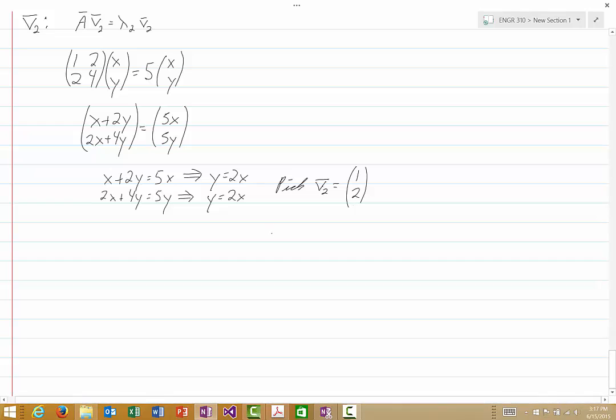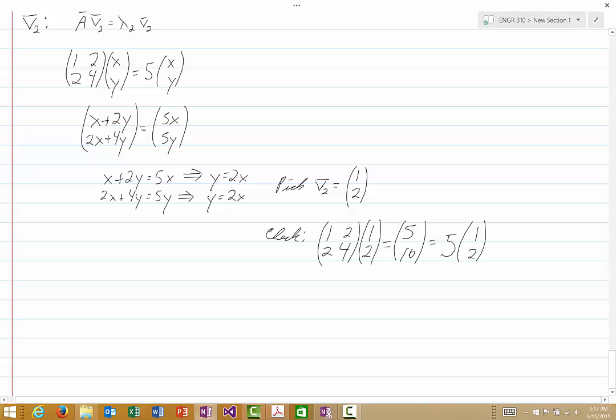And again, if you wish, we can check this. 1, 2, 2, 4 multiplied by the vector 1, 2. We have 1 times 1 is 1, plus 2 times 2 is 4, 1 and 4 is 5. 2 times 1 is 2, plus 4 times 2 is 8, 2 and 8 is 10. And that is equal to 5 times 1, 2.